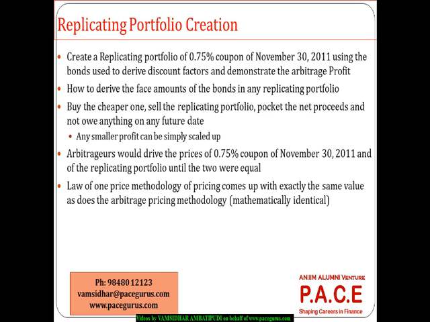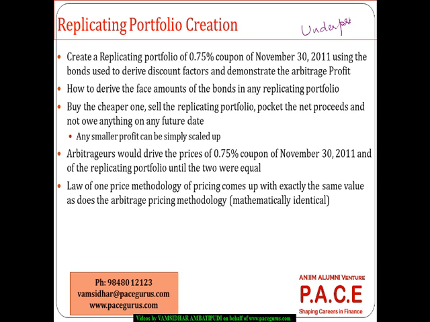Let's see how we can create a replicating portfolio, and using that replicating portfolio, how we can really exploit the benefit. So we know that the 0.75% coupon November 2011 bond is underpriced.